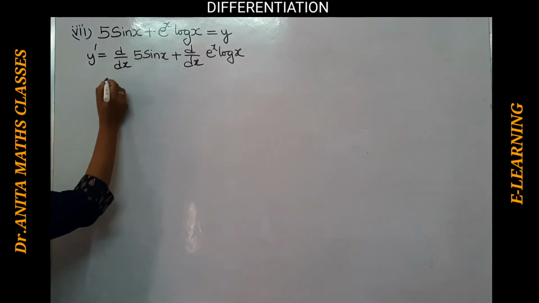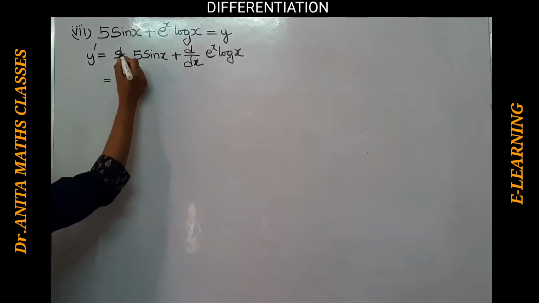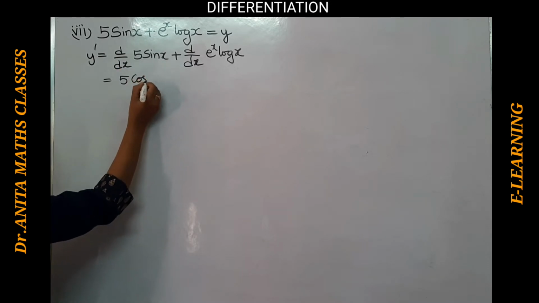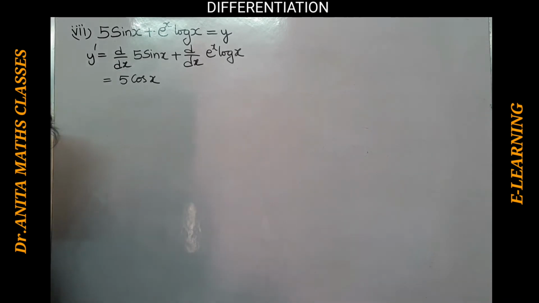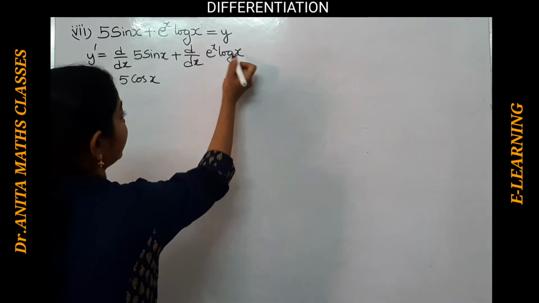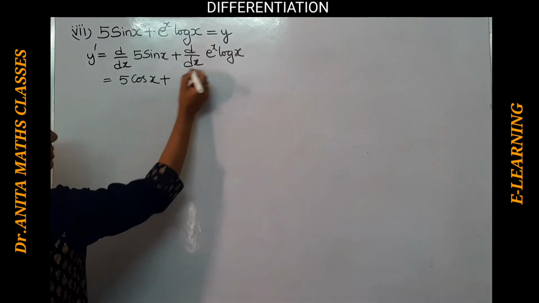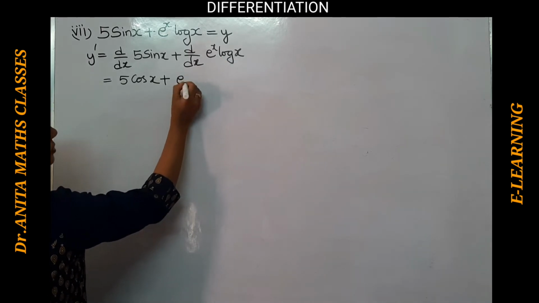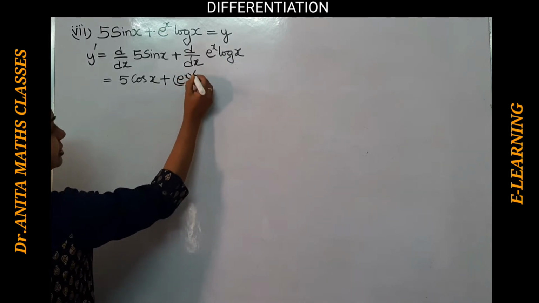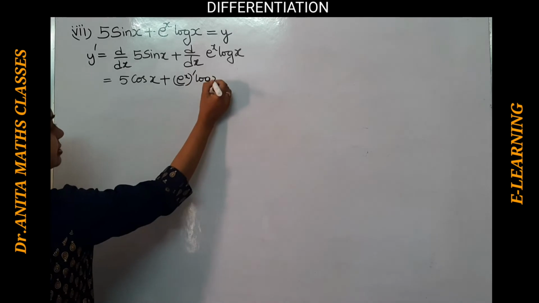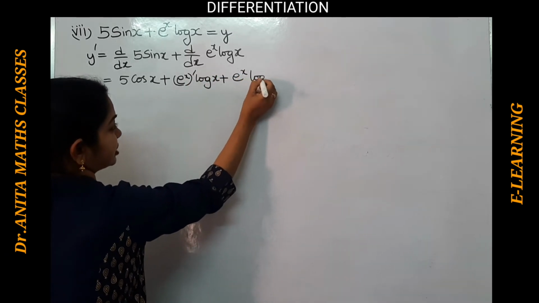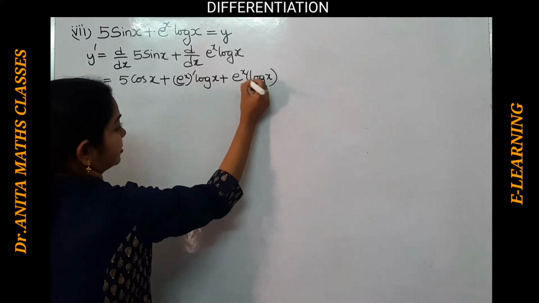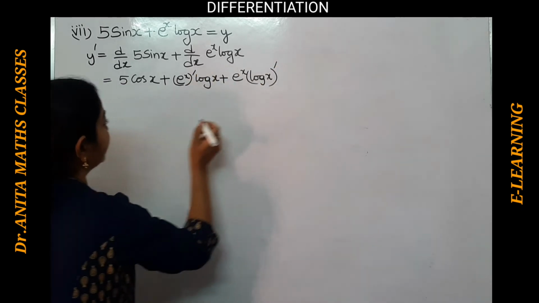Here the constant 5 comes out, d by dx of sin x is cos x, but here we have two functions. So let us do the product rule uv: u dash v as it is, plus u as it is v dash.